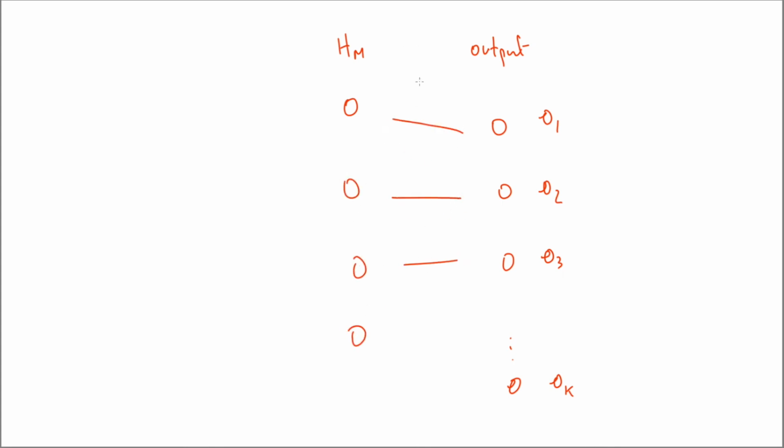If you imagine that the output layer is here, these are the output nodes, output 1, output 2, output 3 to output k, and this is hidden layer m. So what we did was compute the gradients of these weights, the W^m's. That's really simple because this is L with respect to W. We're trying to compute the gradient of this guy with respect to these weights in this layer.